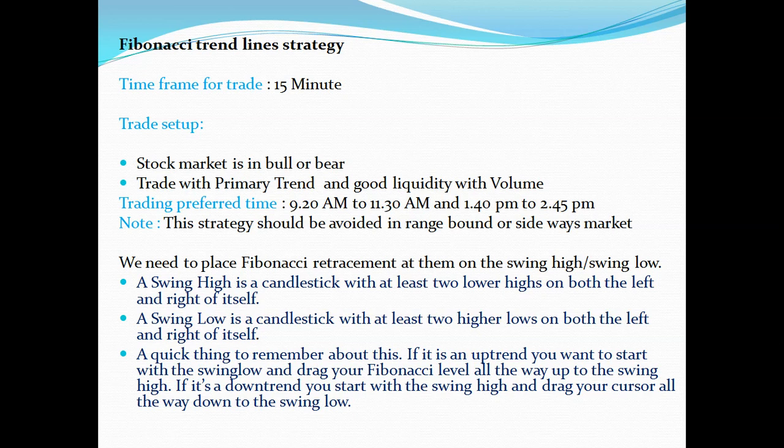A quick way to remember: if it is an uptrend, you start at the swing low and drag the Fibonacci level all the way up to the swing high. If it is a downtrend, you start at the swing high and draw your cursor all the way down to the swing low. I will show you in one stock so you can see that.